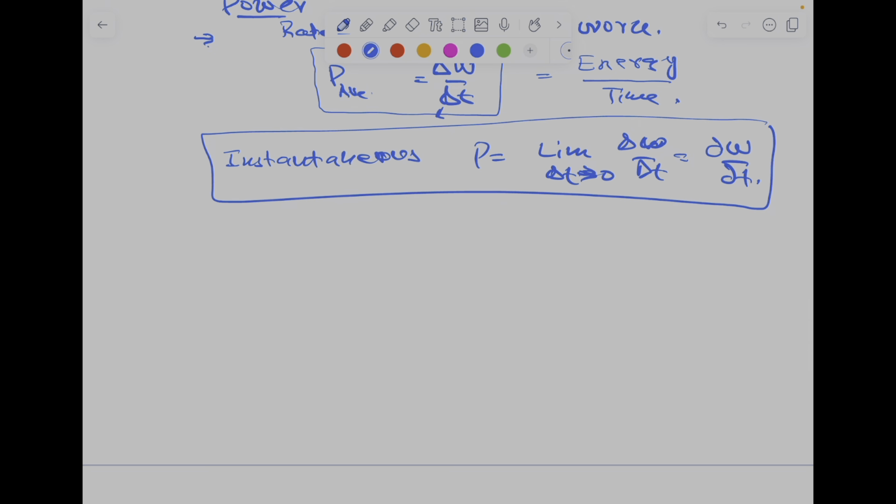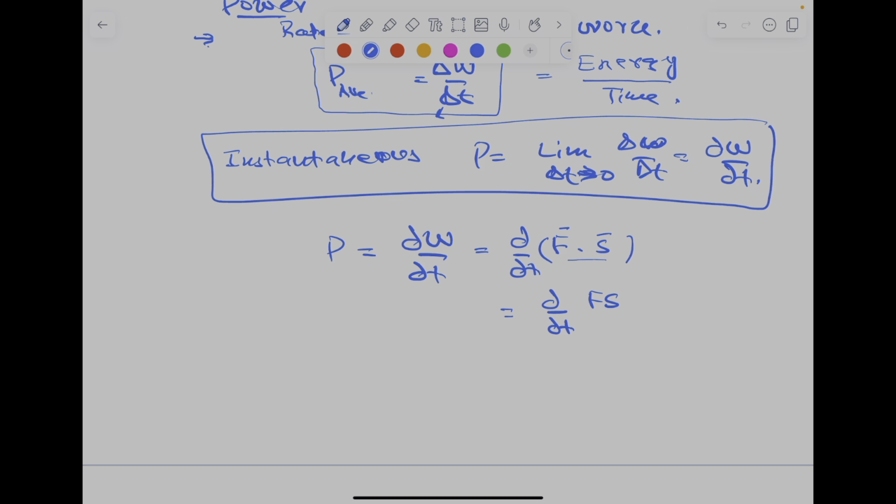Okay, so we have instantaneous power is dW divided by dT. And what's your W? It's d by dt of F dot S. Okay, and for the maximum case, we take the angle between F and S as 0. So we get d by dt of Fs.